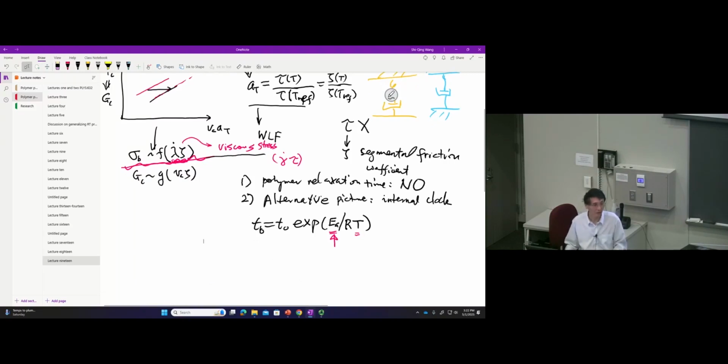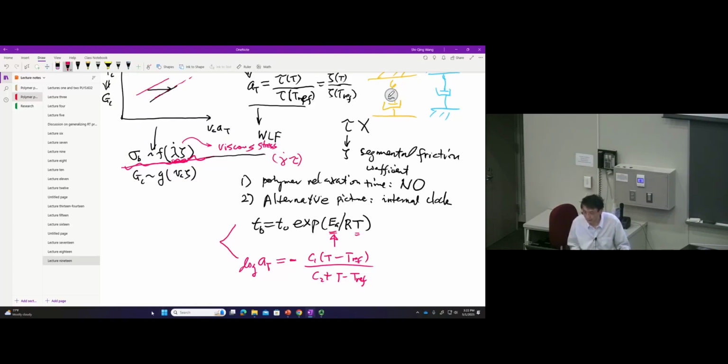Everything seems to work the same if you use WLF. Why? It's because your so-called WLF shift is nothing but trying to capture the temperature dependence of your relaxation time, in fact. Both of them say your time scale is longer at a lower temperature.